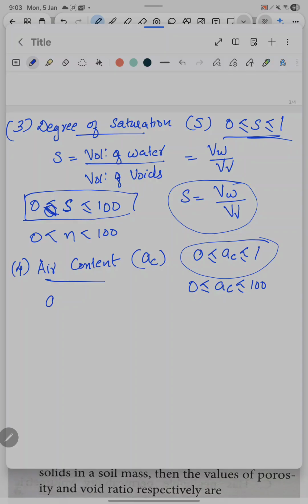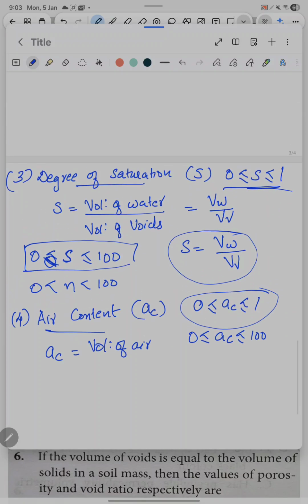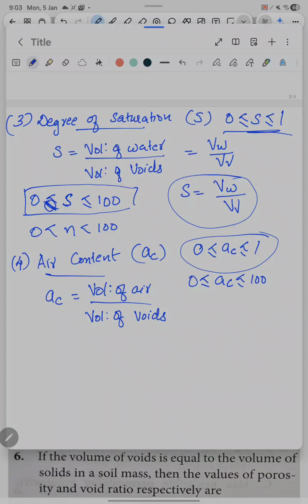So what is air content? We can define air content as volume of air divided by volume of voids. So air content is equal to volume of air divided by volume of voids.